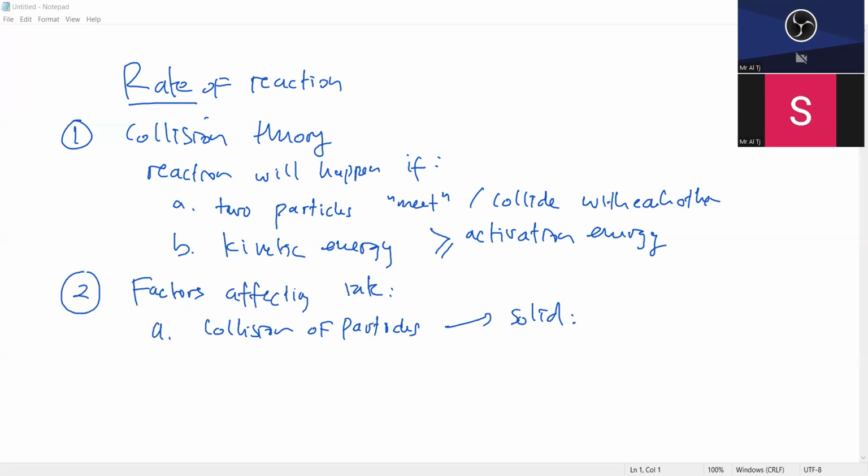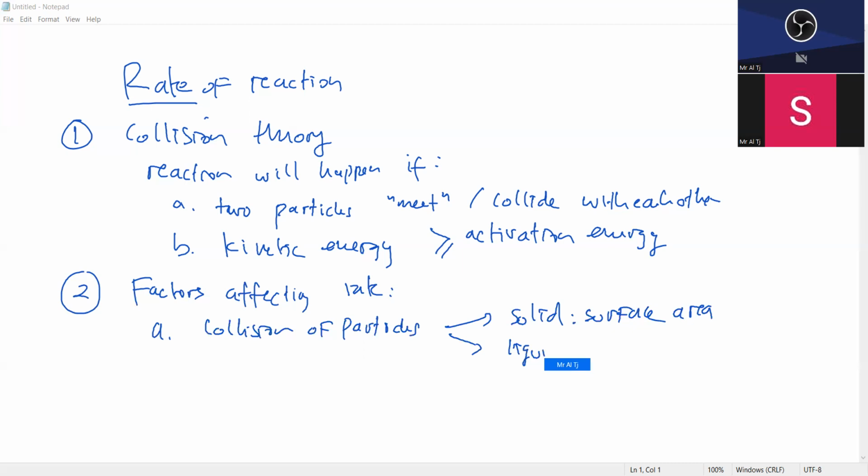The particles inside the skin, if you say so, can only react if the outer skin has been exposed. So in a solid, it's about the surface area. For the same solid, let's say 1 gram of solid, the more surface area they have means more particles available for reaction per second. Hence, they're going to have higher rate.